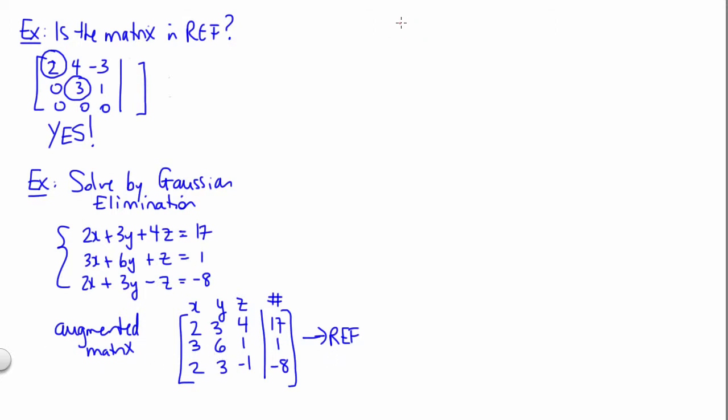Before we start our calculation, let's do a recap of the elementary row operations that we're allowed to use to solve this system. There are three types of allowable operations.